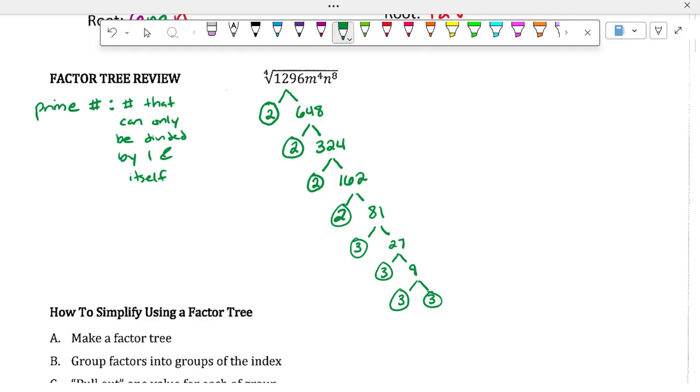So that means we're looking for numbers repeated 4 times, or groups of 4.